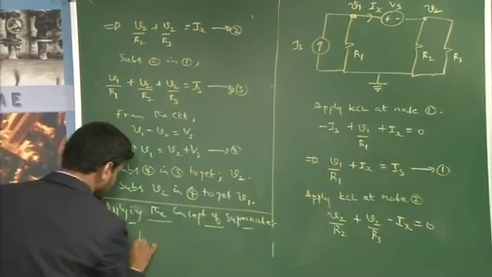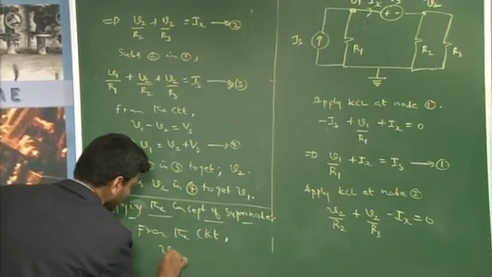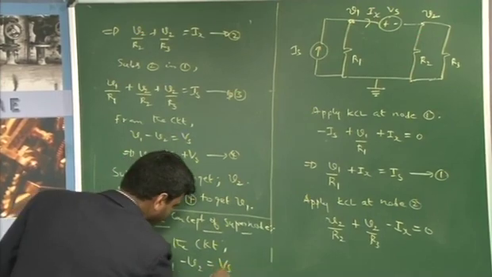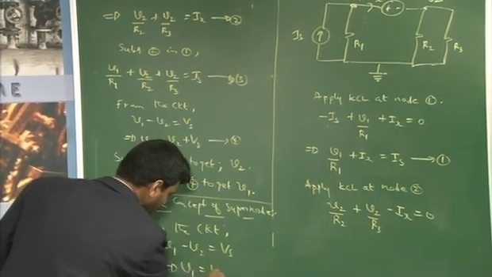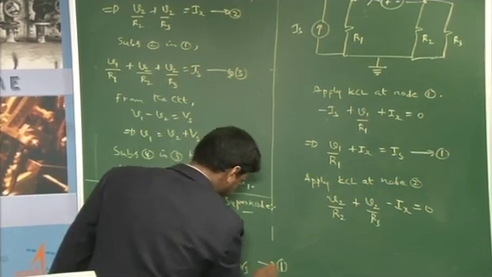So, from the circuit, we write V1 minus V2 equal to Vs, and this can be immediately written as V1 is equal to V2 plus Vs. So, we got this equation 1 now.